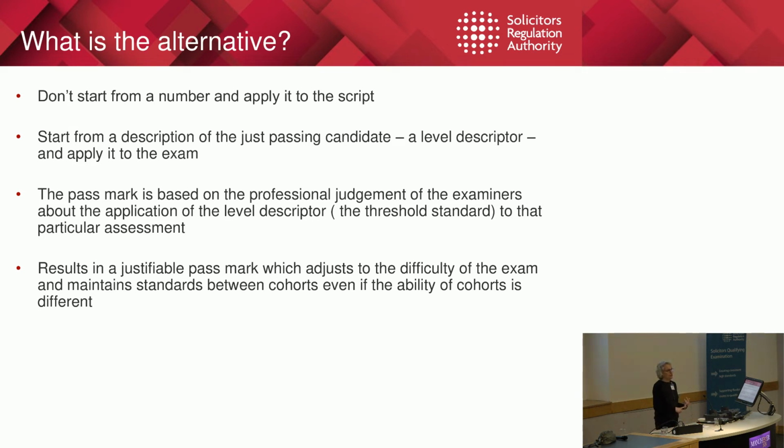So it's not a fixed pass mark and it's not a fixed pass rate. Pass mark is just related to the difficulty of the exam, not to the cohort. And it results in a justifiable pass mark which adjusts to the difficulty of the exam and maintains standards between cohorts, even if their ability is different.